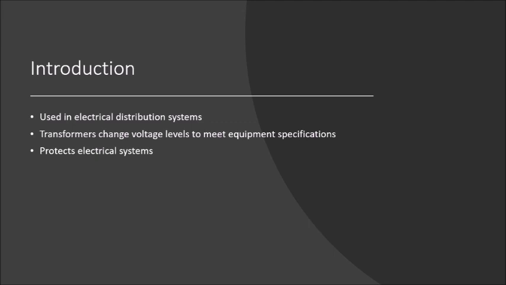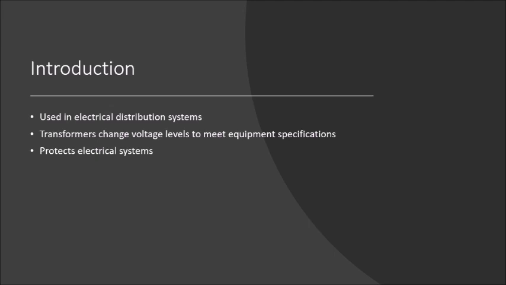Transformers are a vital piece of electrical equipment that are especially used in power distribution systems. They find applications in manufacturing to step up and step down voltages for the purpose of meeting specifications of different pieces of equipment.